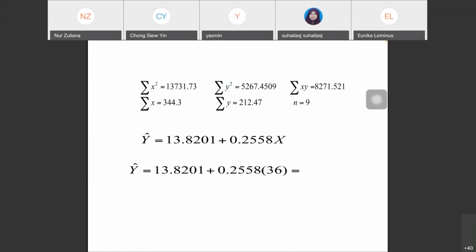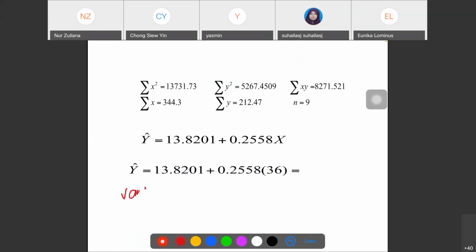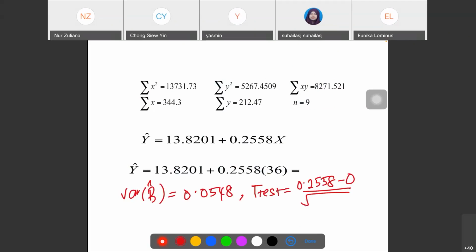That means the value for the variance is about 0.054. Then you conduct your t-test. So beta head minus 0, 0.2558, divided by the square root of the variance of beta head.